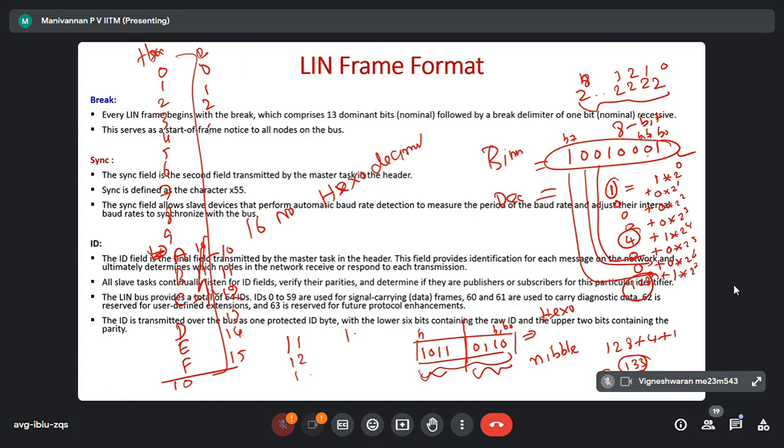Then what is the next number? Last number? 1 F. Correct? 1 E, 1 F. What is the next number? 2, 0. 2, 1. Like that, it goes to 2 F. Then 3, 0. So you can say that in hexadecimal, the 16 numbers start with 0 to F.